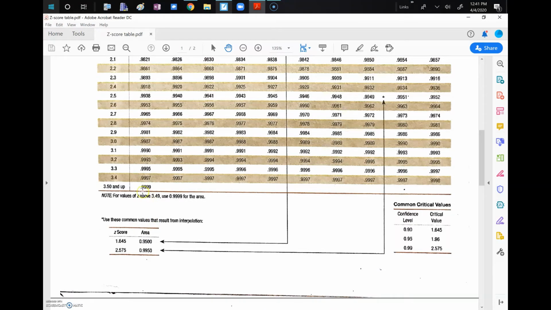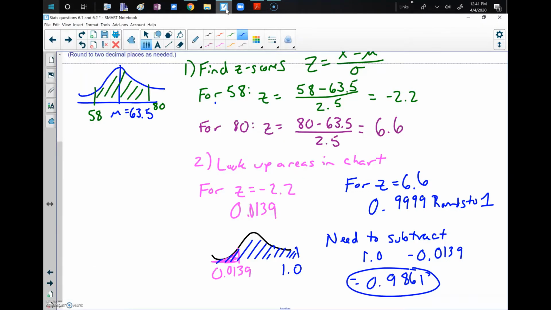So depending upon the problem, sometimes they do use 0.9999 for any z-scores bigger than 3.5. Sometimes they round it to 1. It kind of depends upon the situation in terms of which one you would use. In this particular situation, because it is so large, the 0.9999, we would essentially just round to 1.